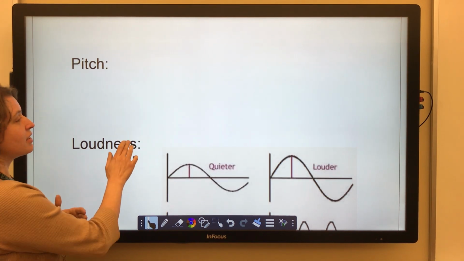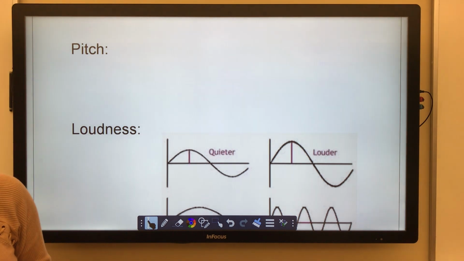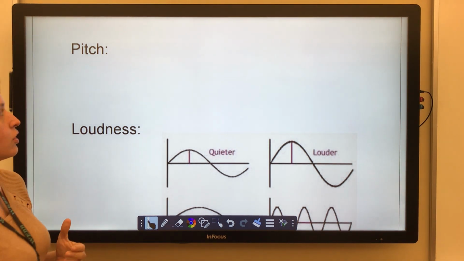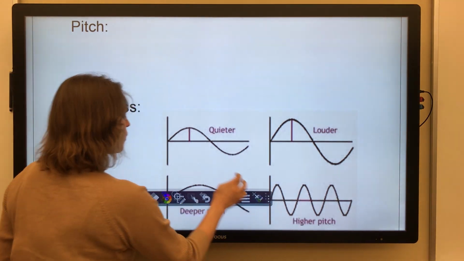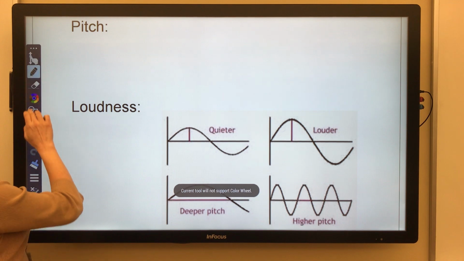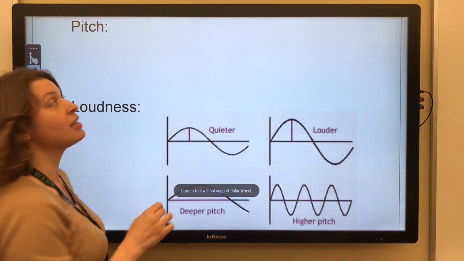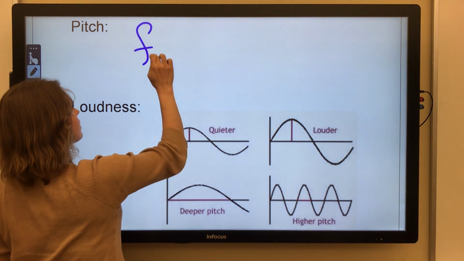When we're talking about sound, we might use the term pitch. I don't know if pitch is a familiar term or not, but it refers to a specific wave property, and I want to make sure we can identify that. Pitch is how your ear interprets the frequency of sound.